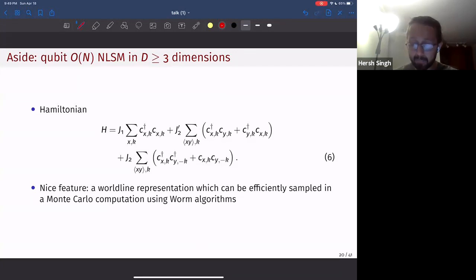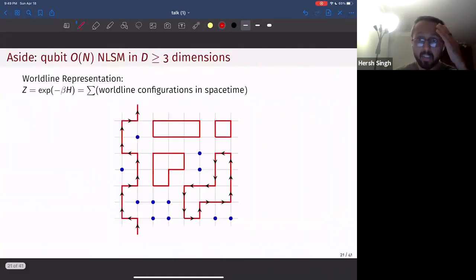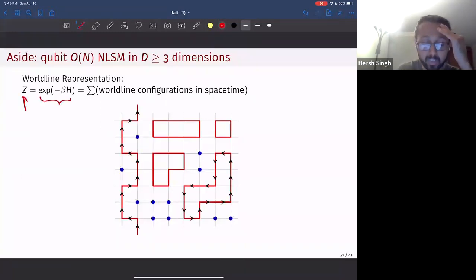Just to give an idea of what's happening, you have the partition function, which is written as the trace of e to the minus beta H. And you can write that as a sum of world line configurations in space-time. The world line configurations look like this, right? These are world lines of particles.